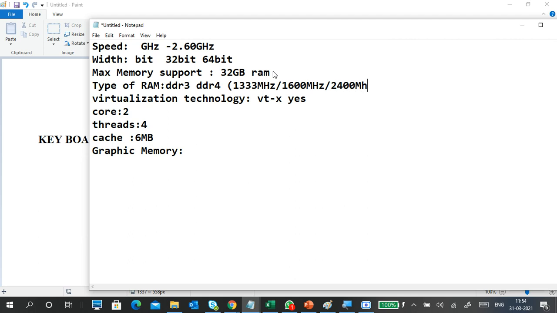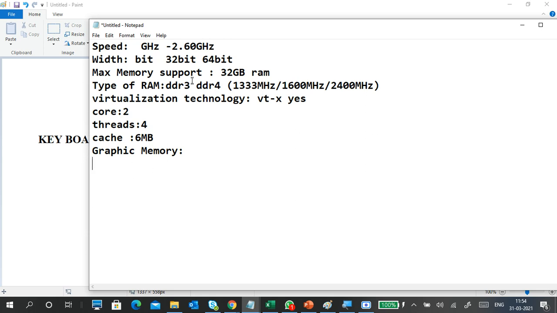So different megahertz frequencies are there. The speed of the RAMs is also of different types. So what type of RAM is supported, DDR3 or DDR4? What type of memory is it supporting? We also have to verify.